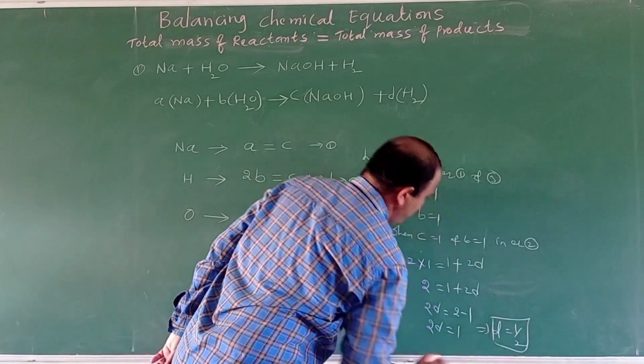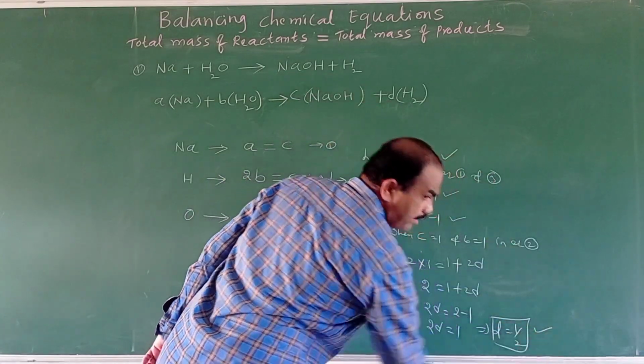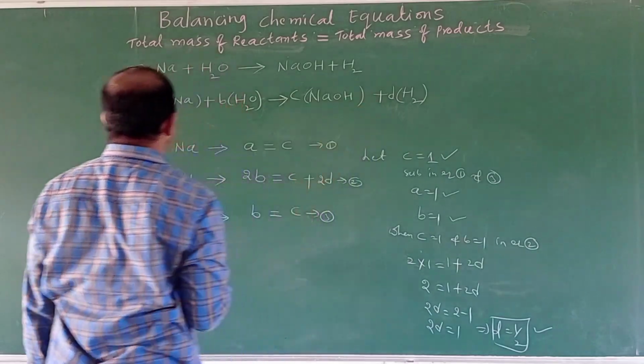And then you know the A value, B value, C value and D value. When these 4 values are substituted in the equation, what do you get?